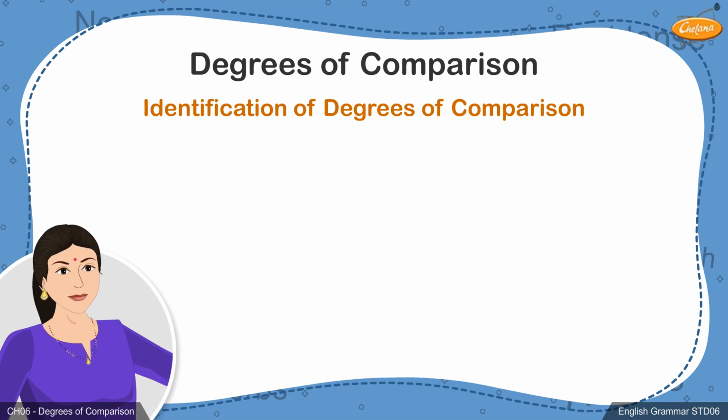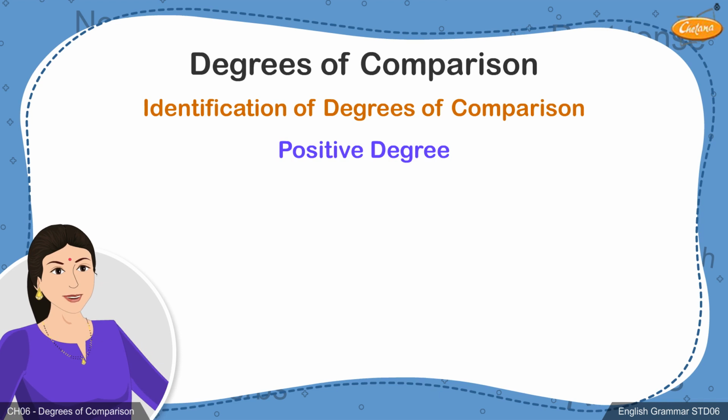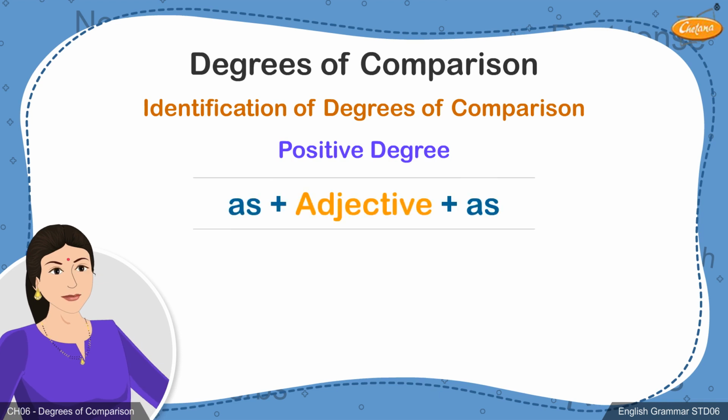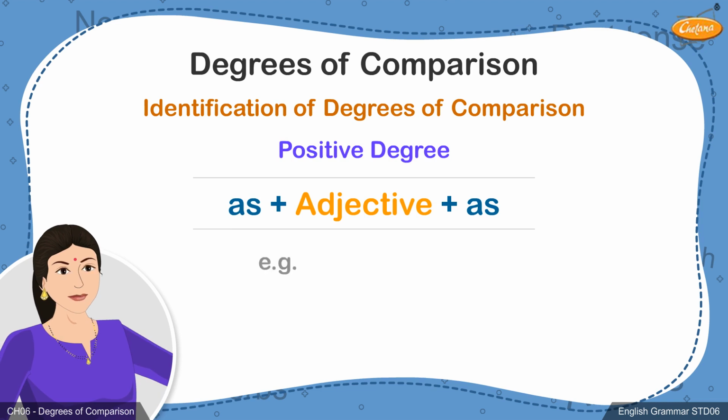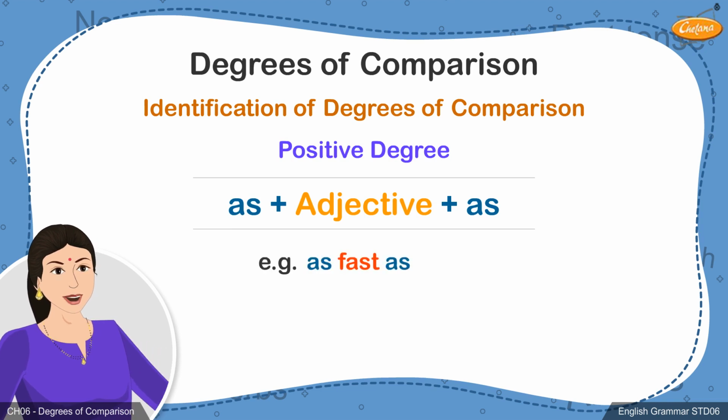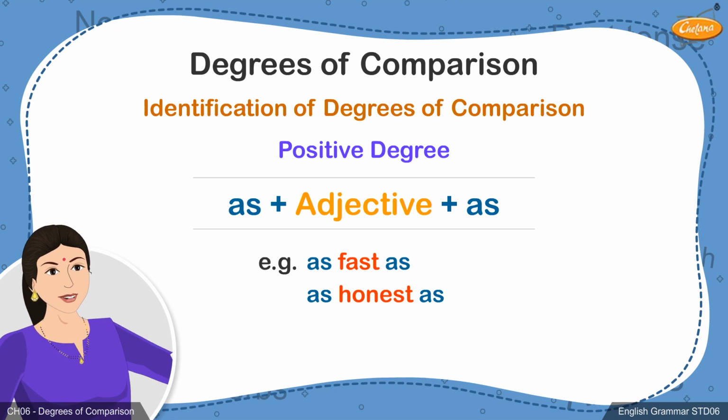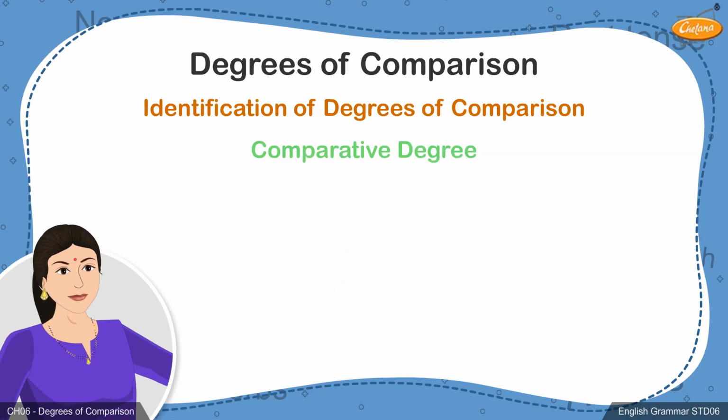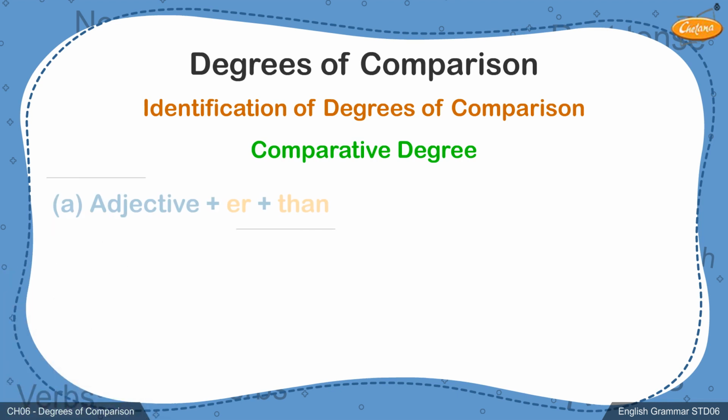Let's revise. Positive degree is denoted by as plus adjective plus as. Example, as fast as, as honest as. Comparative degree is denoted by A. Adjective plus er plus than. Example, faster than.